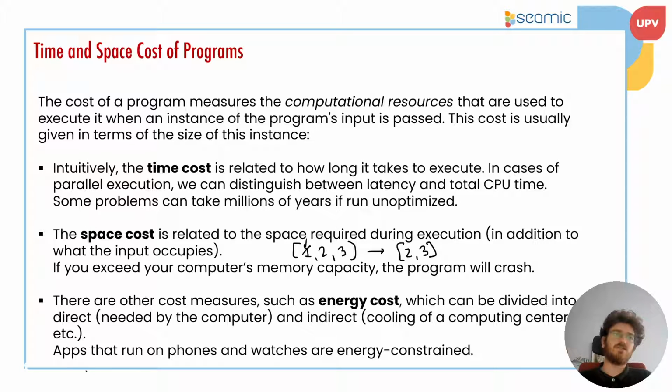And for an example, if you have apps that run on phones and watches, they are very energy constrained. So you have to be very careful about the operations you perform. The energy cost is very closely related to the time cost, as every second that you run the processor at full speed, you'll be consuming a certain amount of energy.